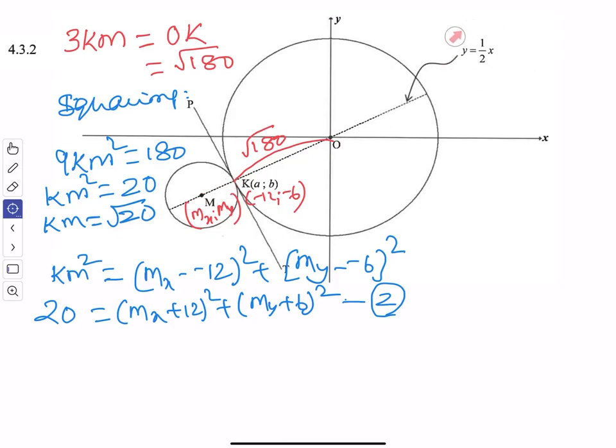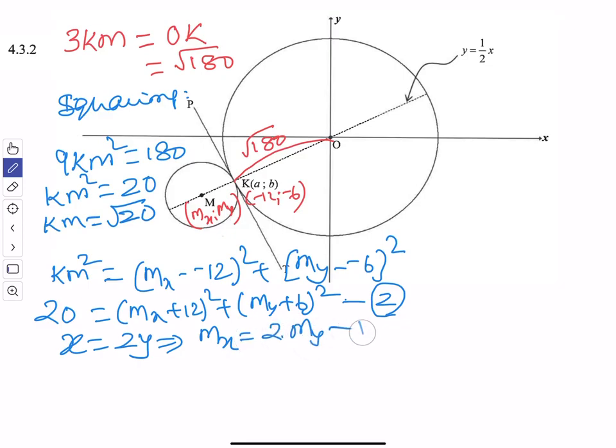Because M is a point on the line y equal to half x. Therefore, x is equal to 2y, so I rephrase it as Mx is equal to twice My. That is my equation number 1.